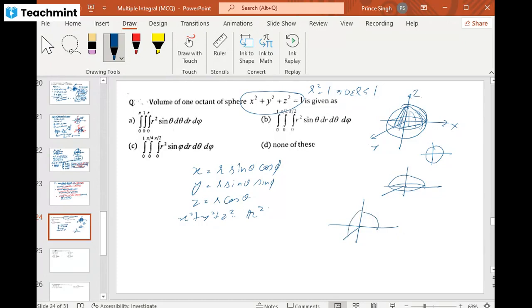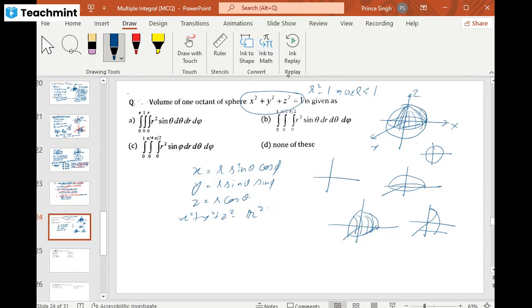But in this case, because I need to consider the volume of the first octant only, the limit of theta varies from 0 to pi by 2 only, because up to the xy plane, we are not going to construct the complete sphere.